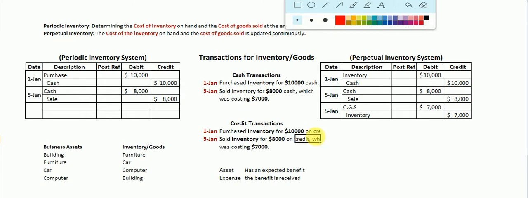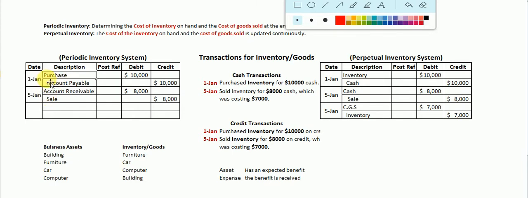Then we record this transaction simply: if you are purchasing not for cash but on account, only the cash is changed into account payable. And here you are selling on credit, and this is changed into account receivable.